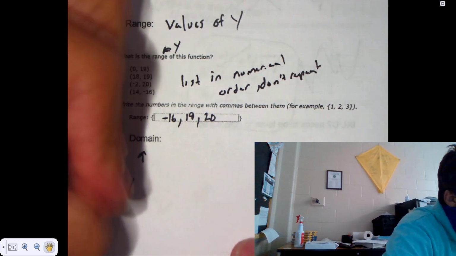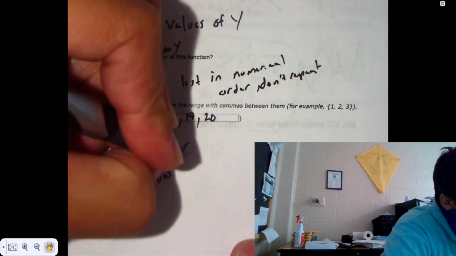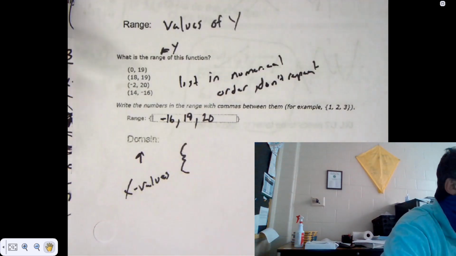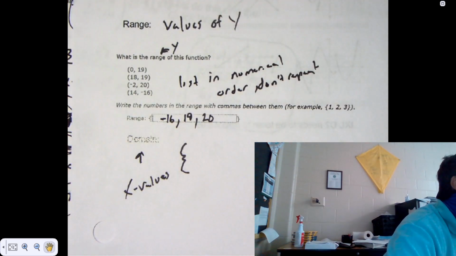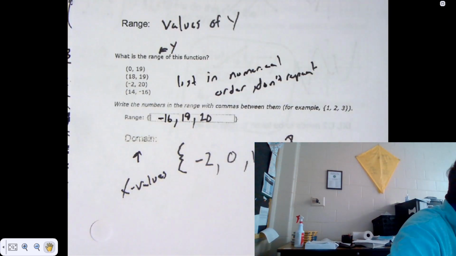X. I didn't have the IXL thing given here, so I'll start with the curly bracket. What's the lowest X value? Followed by 14. Followed by 18. That is as hard as that section gets.